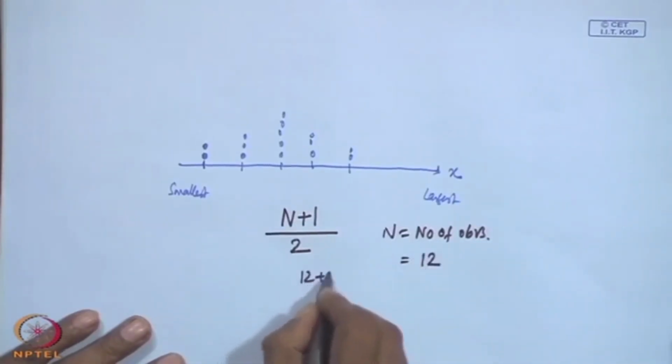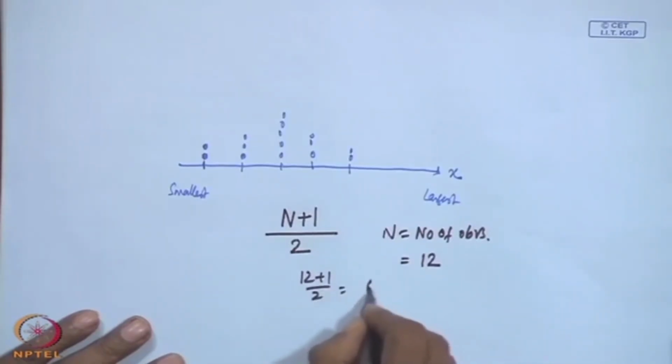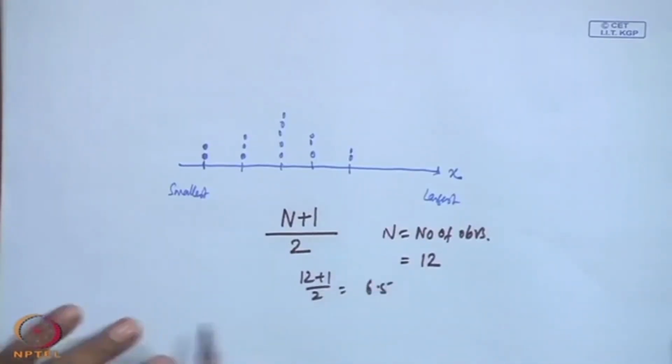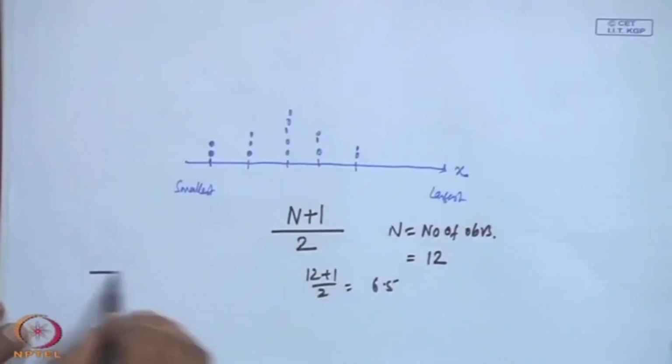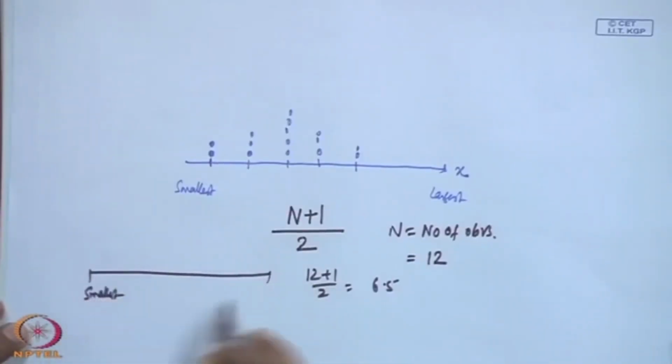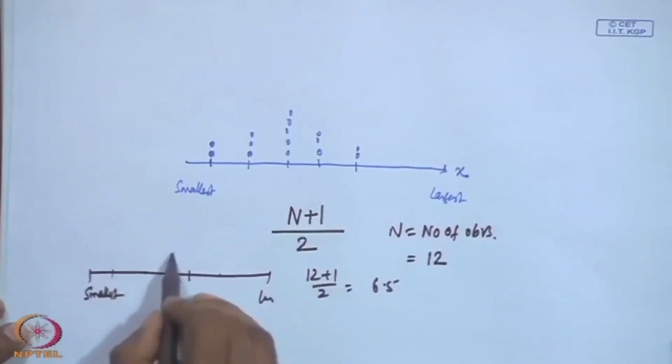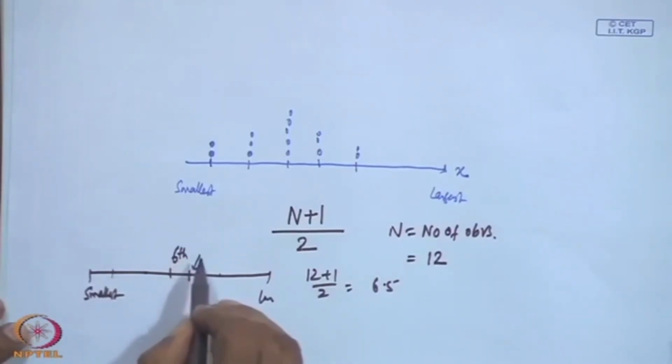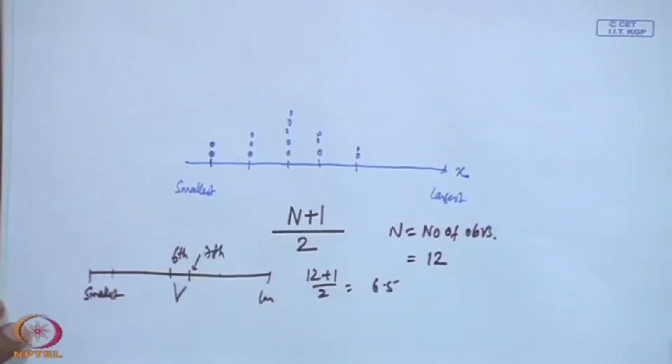So 12 plus 1 by 2, that means 6.5. So when you arrange your data from smallest to largest, you find the 6th and 7th positions, and you take the average of the 6th position value and the 7th position value.